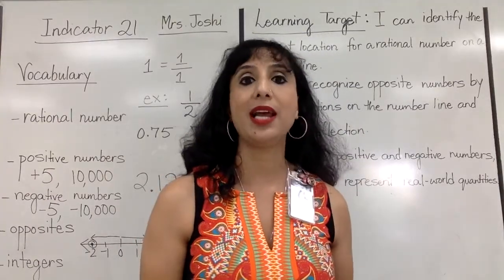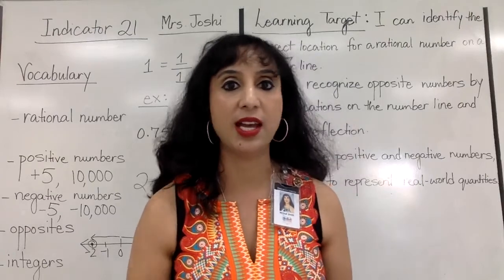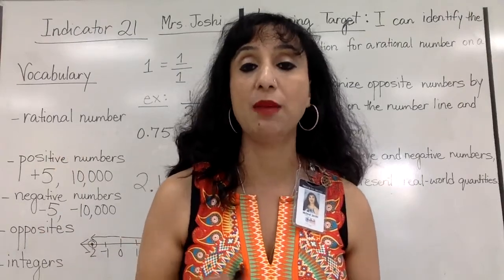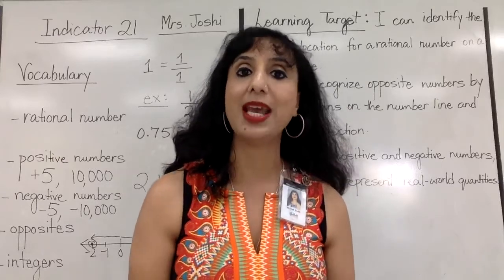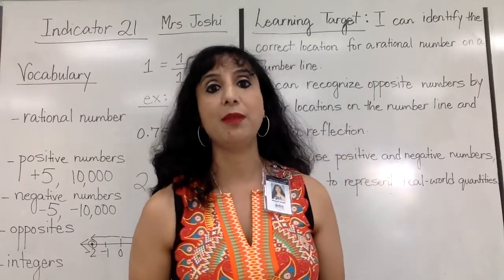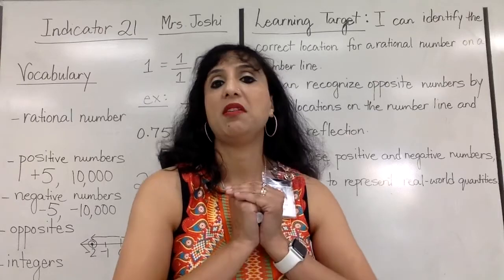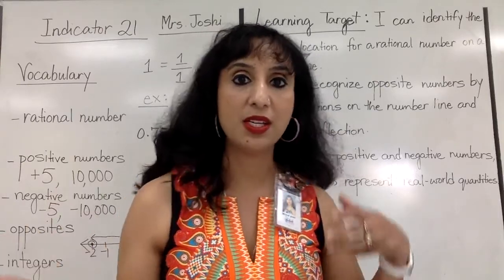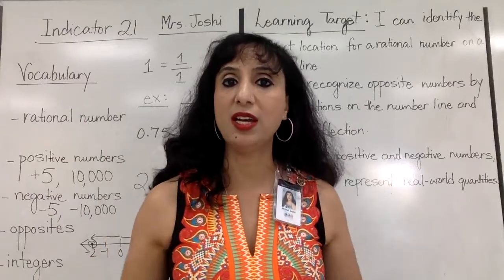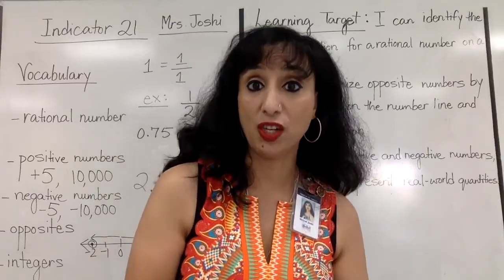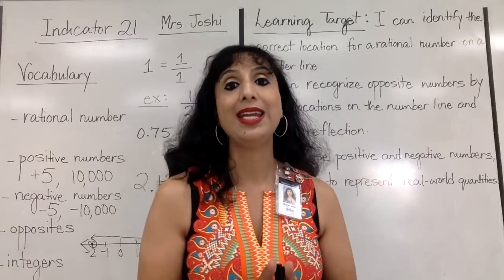So whole numbers are like 0, 1, 2, 3, 4, 5, 6 and carries on, but there's no fractional part attached to it. So integers are whole numbers and their opposites. So if I take the whole number 10, the opposite is negative 10. So it is a set of negative and positive numbers without a fractional part. That would be an integer.